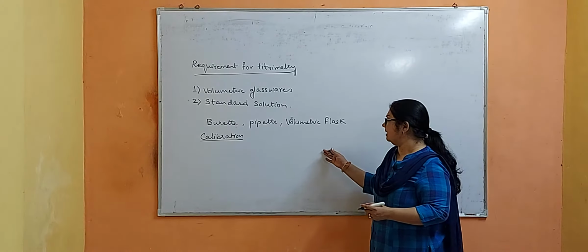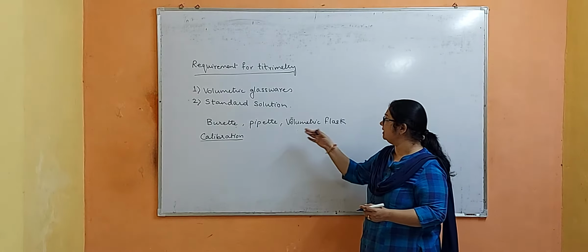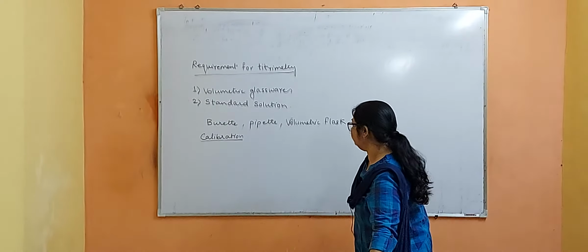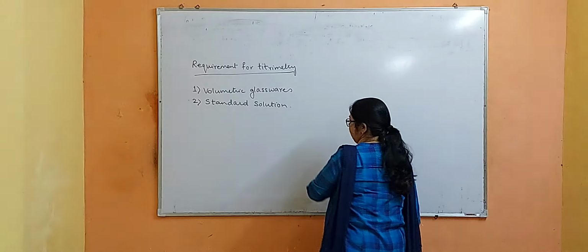Alright, so one by one we will see the calibration of pipette, calibration of burette and calibration of standard measuring flask. Now we will begin with the calibration of pipette.